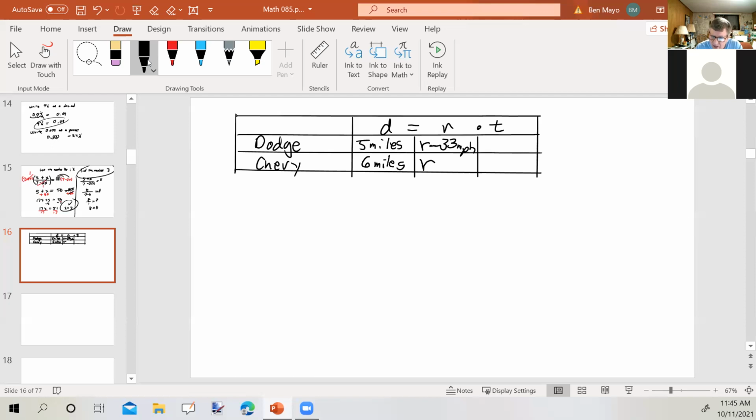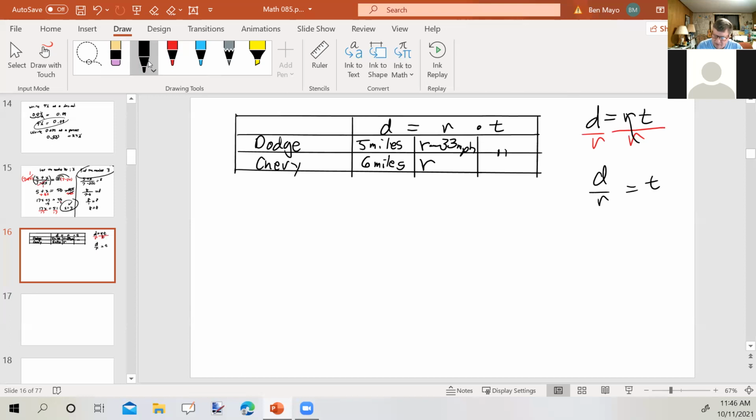So we know that the time for the Dodge and the time for the Chevy are equal. I'm going to just put a little sort of a sideways equal sign there for now. Okay. Now, if distance equals rate times time, I need to isolate time because that's the empty boxes in the chart. So I'm going to divide both sides by the rate.